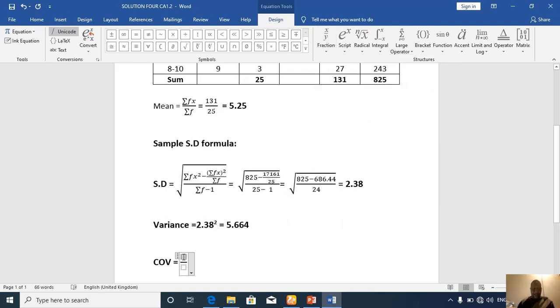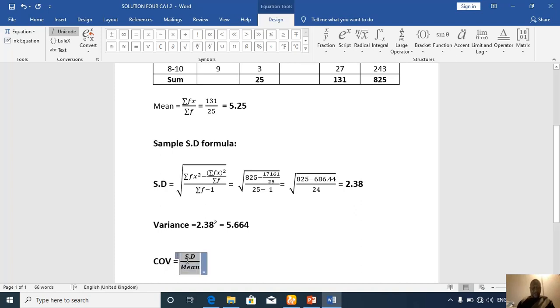The coefficient of variation is the standard deviation divided by the mean, and this is expressed in the form of a percentage.